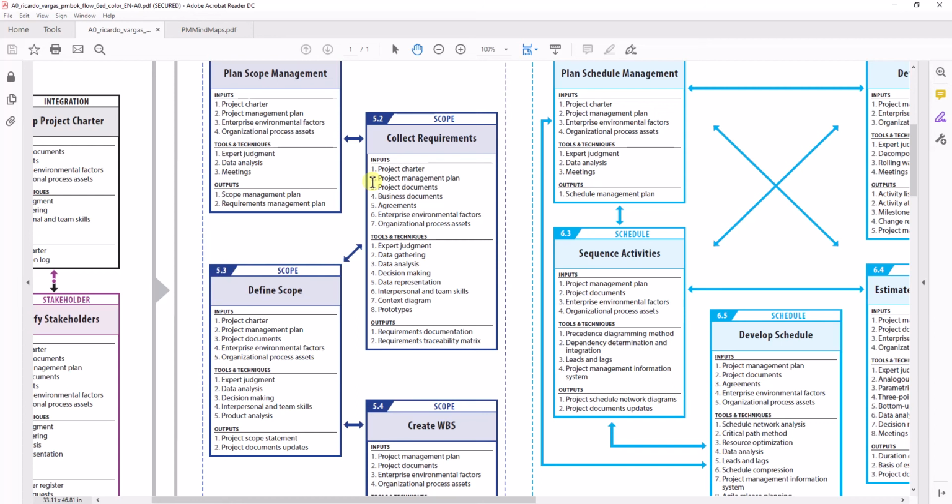Just a moment. I will try to share my screen. Let me know if you're able to see my other screen. Can you see my other screen, guys?